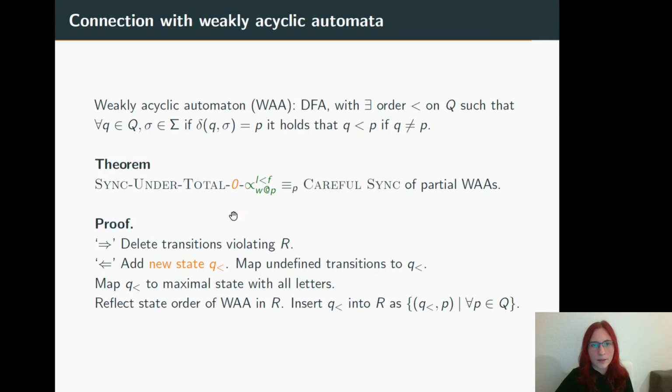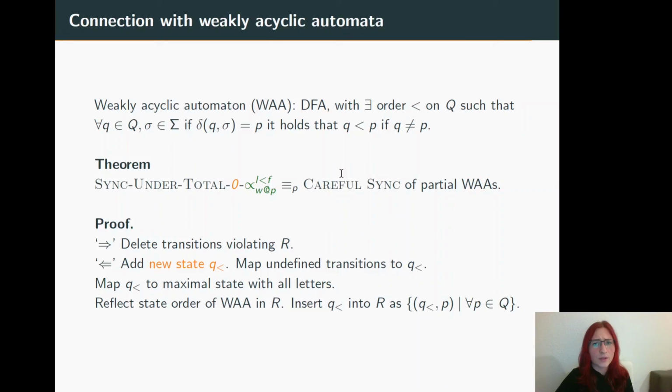And we have that the previously considered synchronization under order variant is equivalent to the careful synchronization problem for partial weakly acyclic automata. And hence, since this problem is solvable in polynomial time, also this problem is solvable in polynomial time, which is quite surprising since the careful synchronization problem is a very hard problem in general.